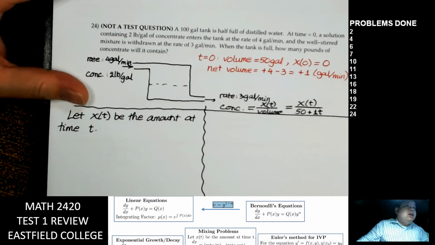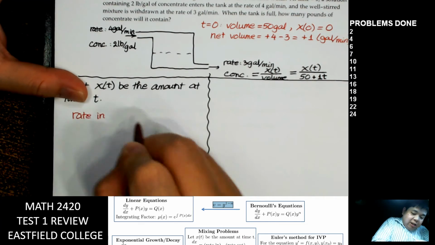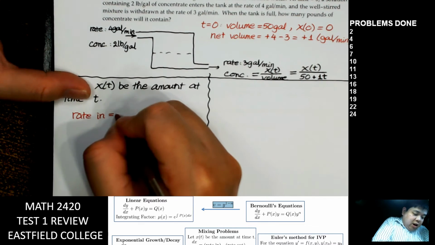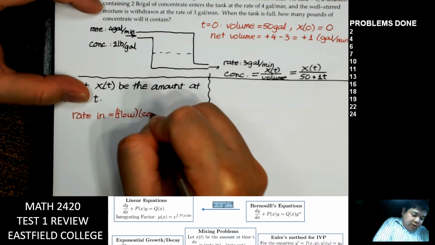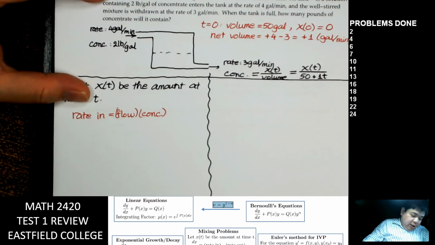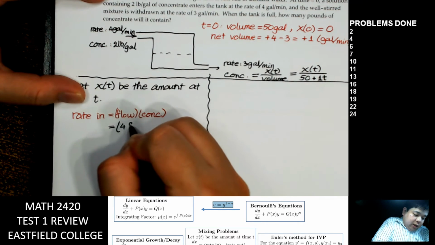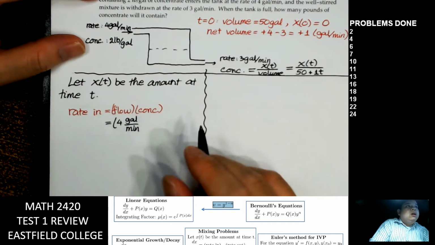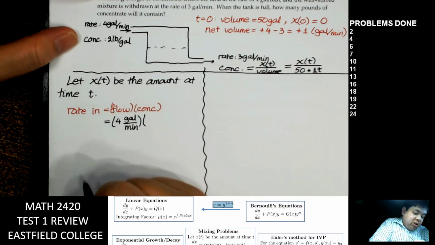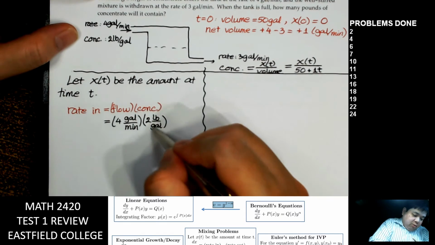Next we have the rate in. The rate is always the flow rate times the concentration. The flow rate is 4 gallons per minute, the concentration 2 pounds per gallon, and the gallons cancel out.